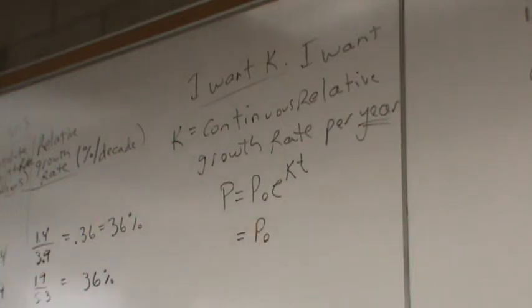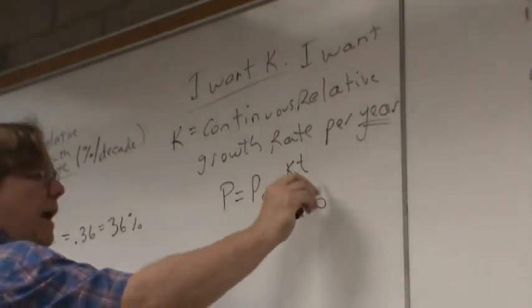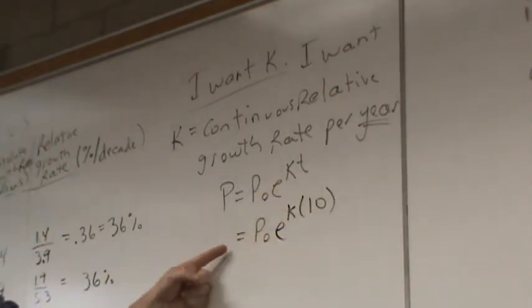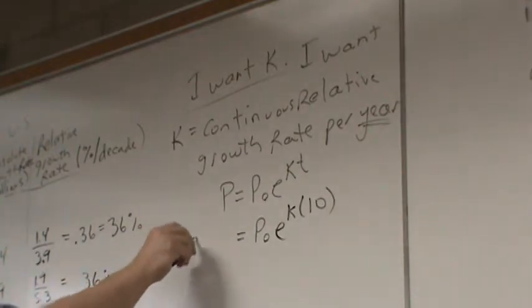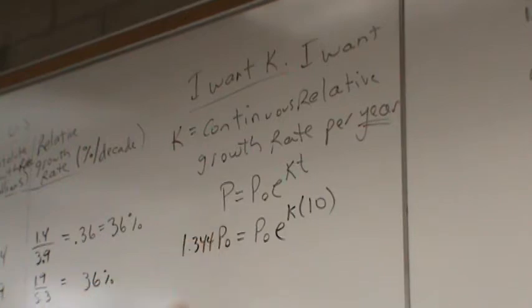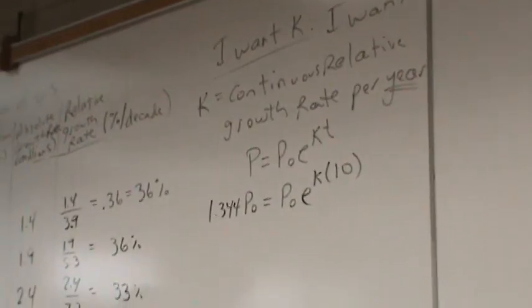Whatever my P naught is, after 1 decade, after 10 years, my P appears to be 1.344 times P naught. That's why I did it that way before Andrew pointed out I could do it easily.